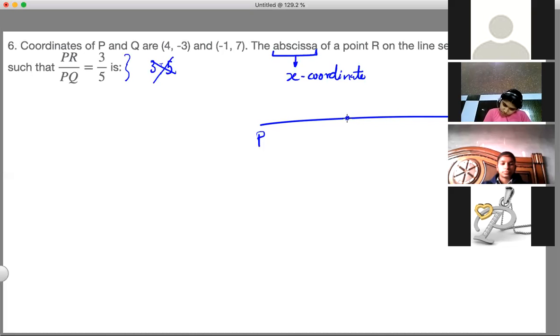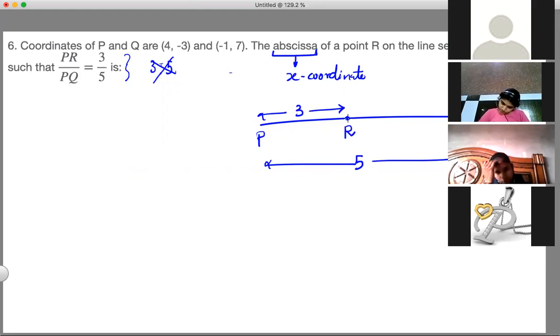Okay, so P and Q, and we are saying R is the dividing point. So PR is ratio 3, and PQ is ratio 5. Where do we take the ratio from? Always from the dividing point.